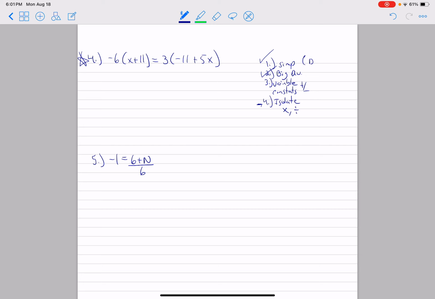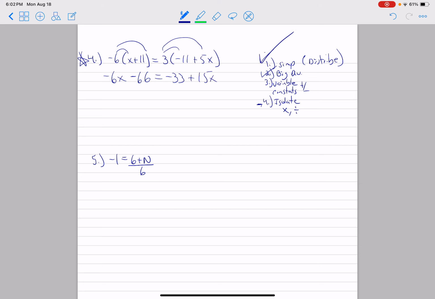And that's like with distributing and combining terms, right? Well, there's definitely some of that. So let me go ahead and distribute. Boom, boom. Negative 6 times x is negative 6x. Negative 6 times positive 11 is negative 66. Equals. Got to distribute again over here. Negative 33 plus 15x. Boom, boom.